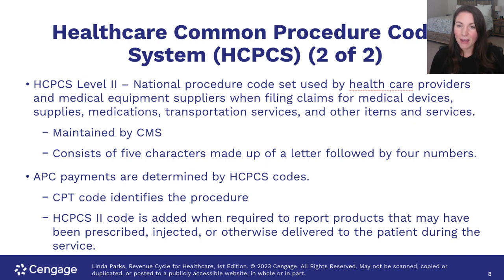Even though we have the ICD-10 CM code on there, it's the HCPCS codes that determine the APC payment. Okay, so the ICD-10 code is not swaying payment for outpatient APC payments, right? It's the HCPCS codes. But we need the ICD-10 codes for that medical necessity, right? What's the reason they used all this equipment, or what's the reason they did this procedure?